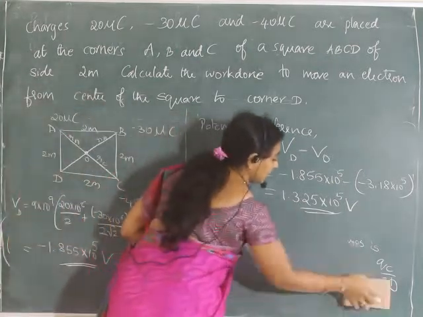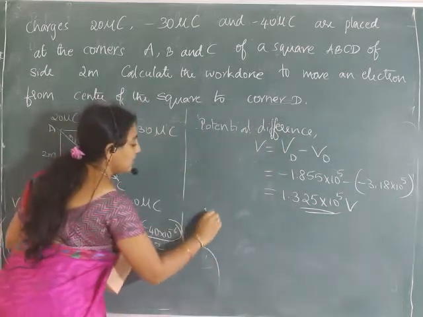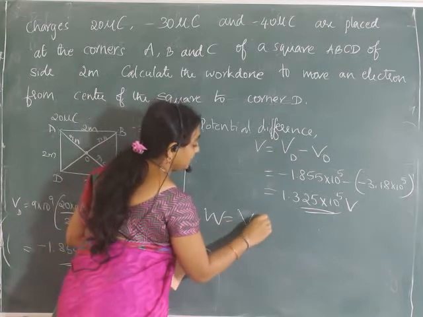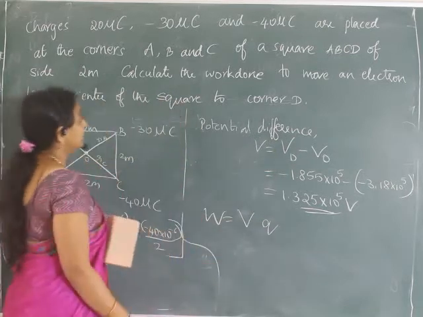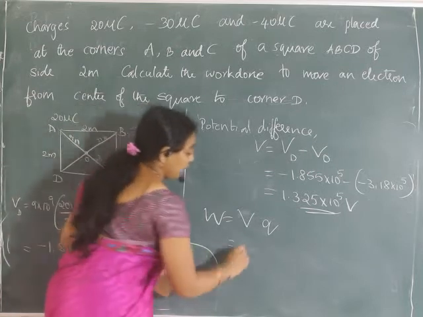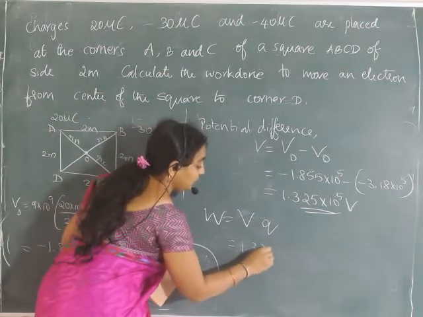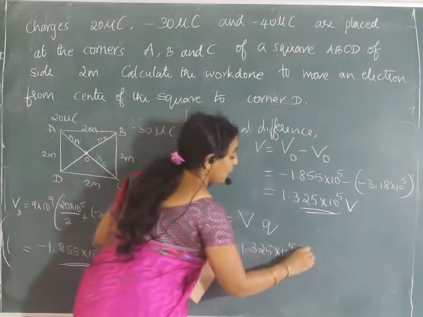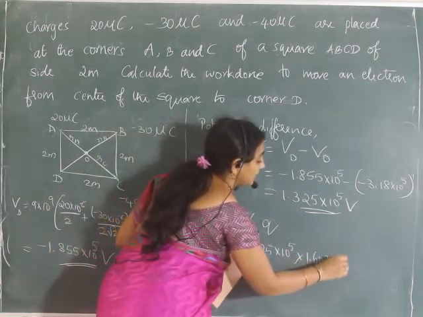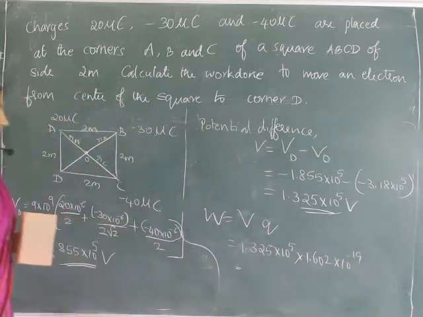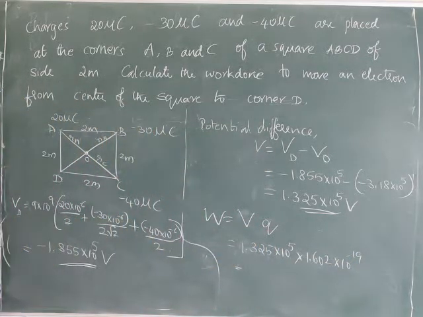Therefore, total work done in moving the charge is V into the charge, that is here to move the electron. So, therefore, 1.325 into 10 to the power 5 into 1.602 into 10 to the power minus 19. What is the answer you get here?